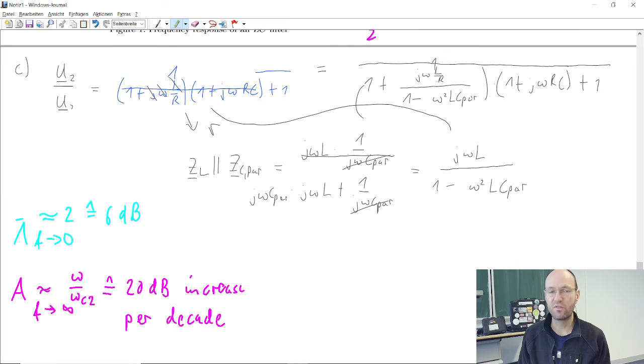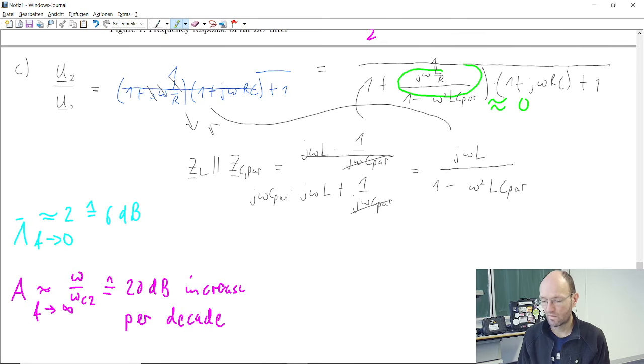Yeah, the whole thing goes to infinity, and 1 over infinity is getting very small, or our attenuation would get very high in this case. So it would be interesting to check when this is approximately 0.